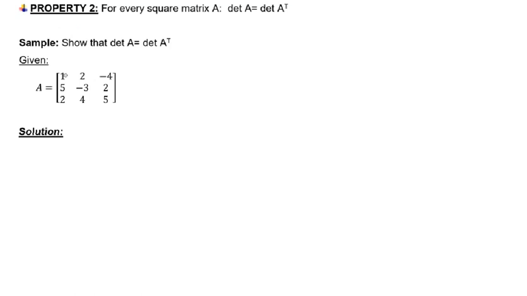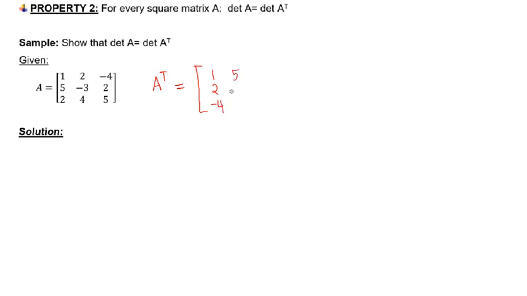So first thing to do is, with this given example, we have to get the transpose of matrix A. So yung transpose ng matrix A, yung row magiging column sa transpose. So yung transpose of matrix A, that is equal to yung row na ito magiging column dito. So that is 1, 2, negative 4.